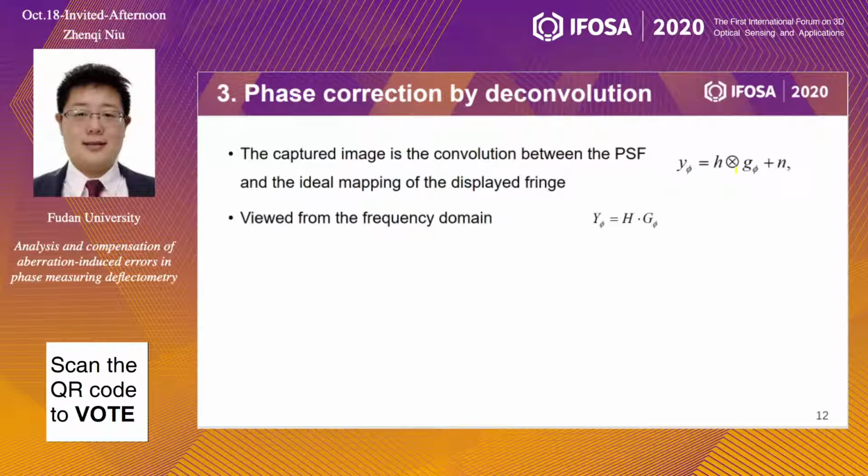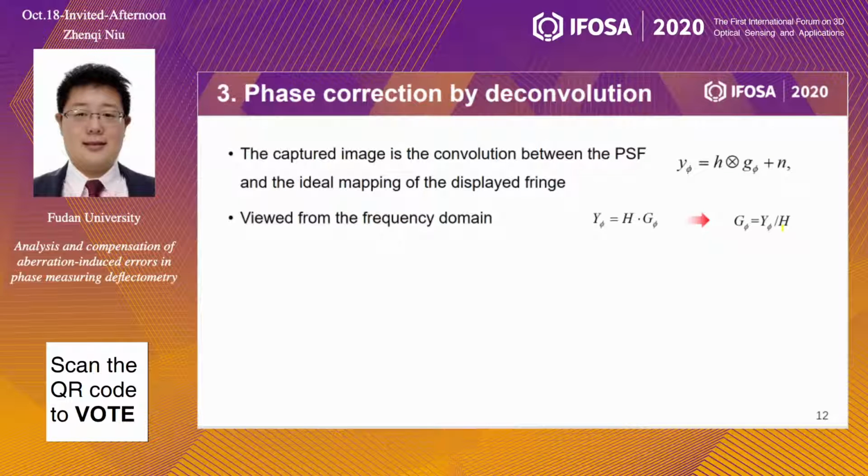If we view from the frequency domain, the ideal image can be calculated by using the division operation. However, the blurring kernel H is a low-pass filter, so in the high frequency spectrum, the result can be affected by the noise.